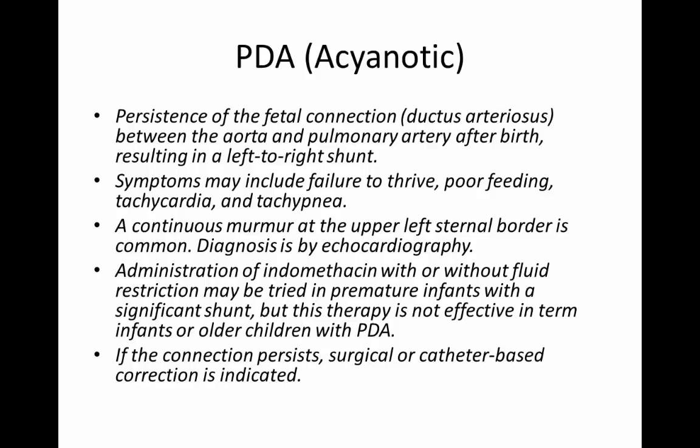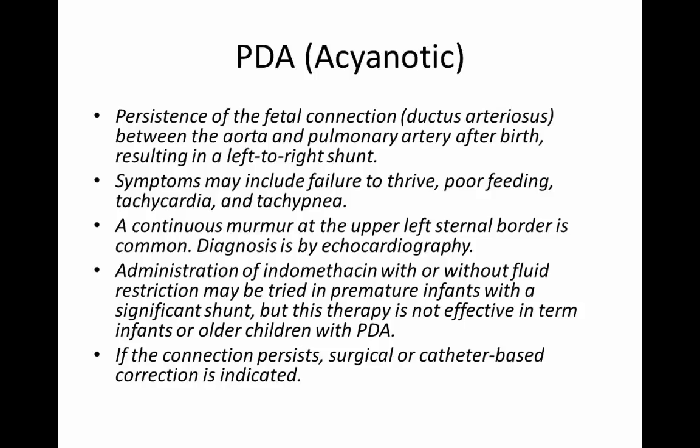A large ductal shunt in a premature infant often is a major contributor to the severity of the lung disease. Most children with a small PDA have normal heart sounds, but they could present with a grade 1 to 3/6 continuous machinery murmur, heard best at the upper left sternal border. The murmur extends from systole to beyond the second heart sound.